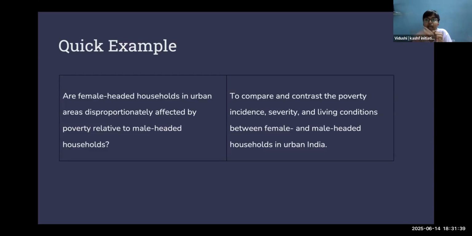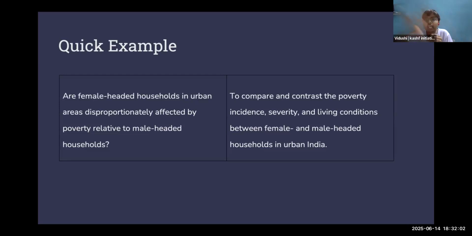The aim of your study would then be a little broader, coming from this research question, where the study will aim to compare and contrast the poverty incidence, because through this question you will not just be measuring poverty, you'll also be seeing the severity of it and focusing on the living conditions.